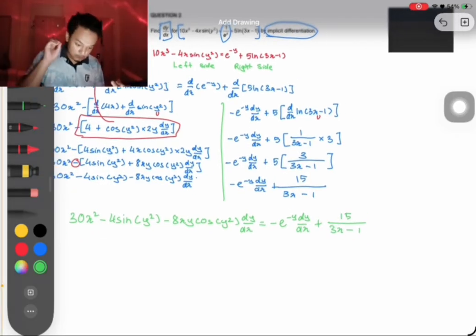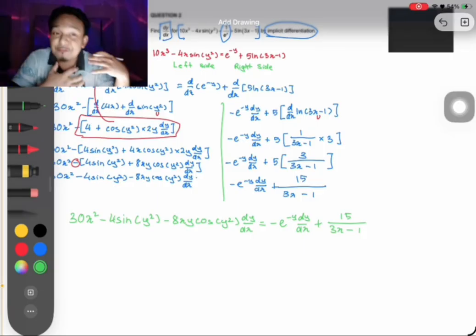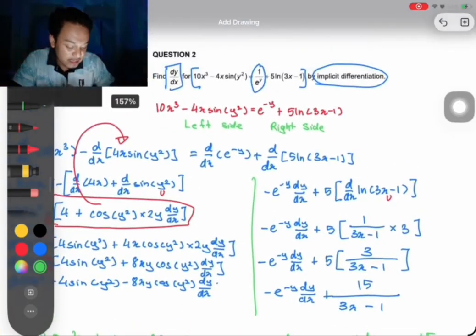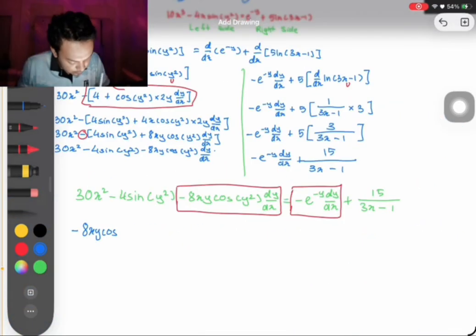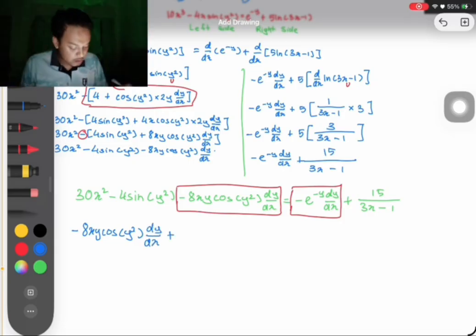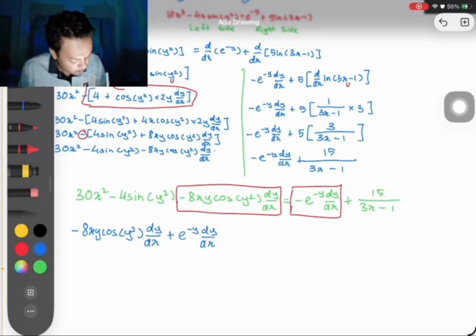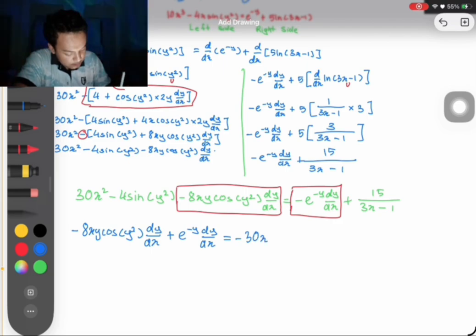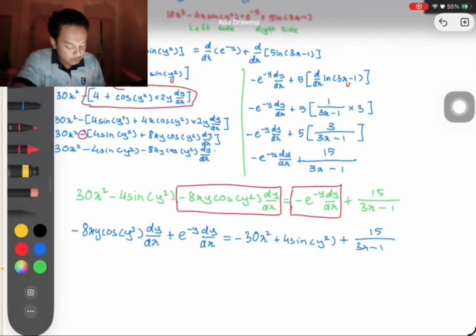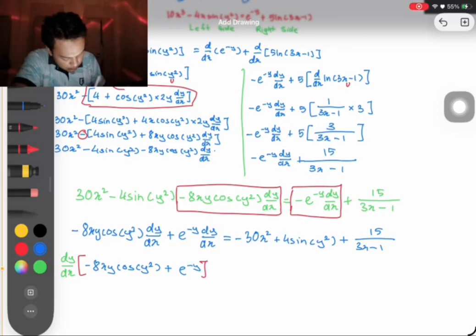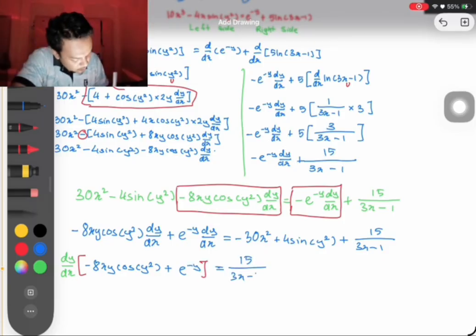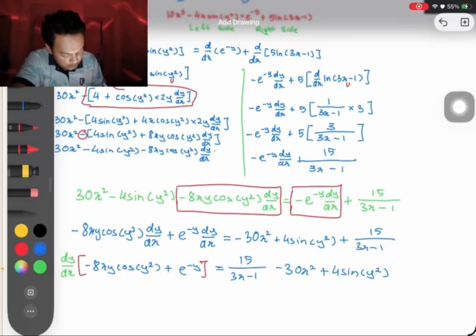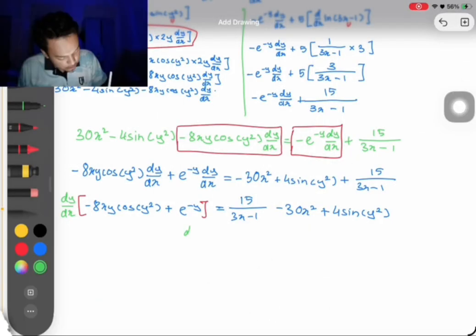We're going to find dy/dx, minus 3x minus 1. For the left side we're going to factorize it. Check out the dy/dx. So now we can finish as we did previous time. So the 15, 3x minus 3. Let's write it all over again. And that's what we're going to do since dy/dx.